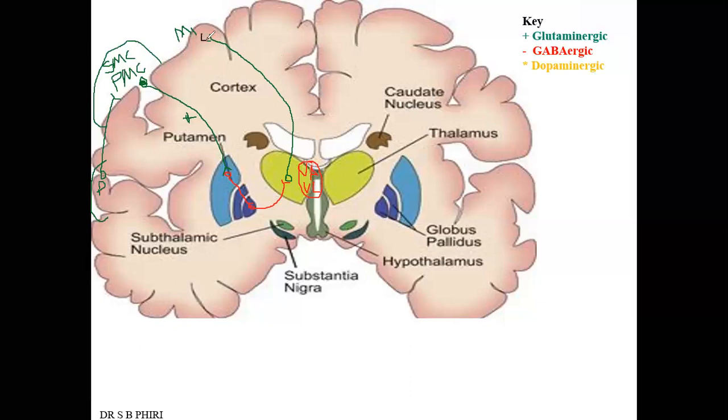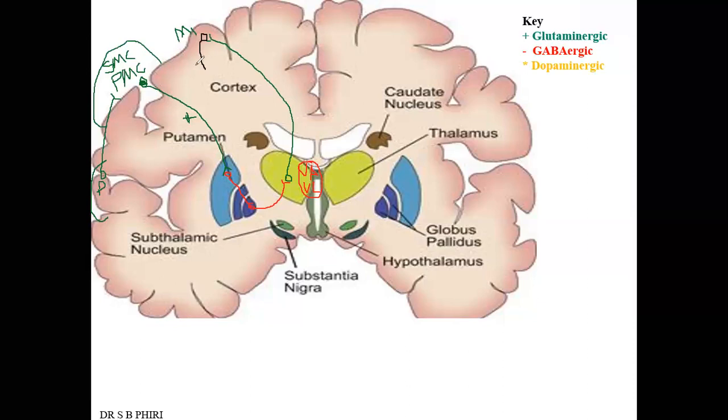So here you have the upper motor neuron, from the cells of Betz or whatever cells, that will form the pyramidal or the corticospinal. So you have those that will form the corticospinal, and others will form the corticonuclear or the corticobulbar, that will just end within the brainstem.